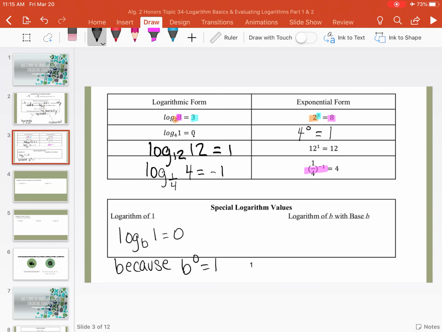So we could have any number in our base here, raise it to the 0th power, and that will equal 1 in exponential form. So if we ever have a log base b, being any number, of 1, then that is going to equal 0. And we actually see that example right up here.